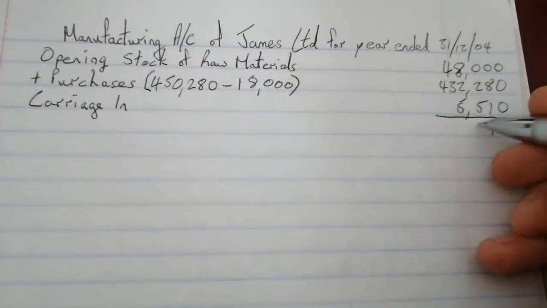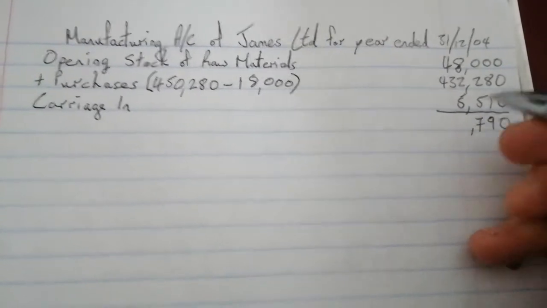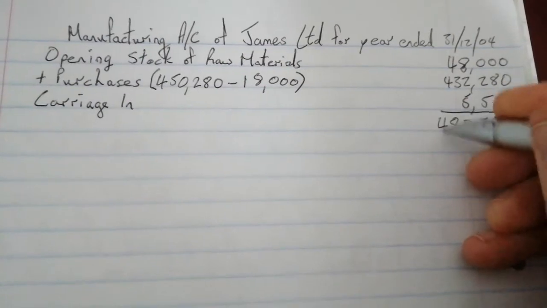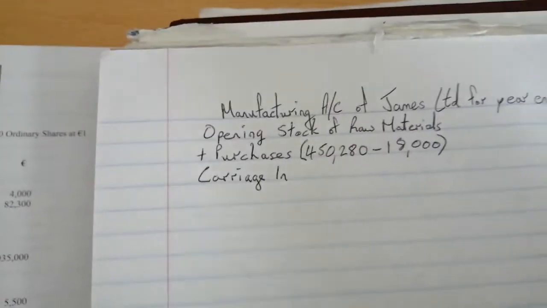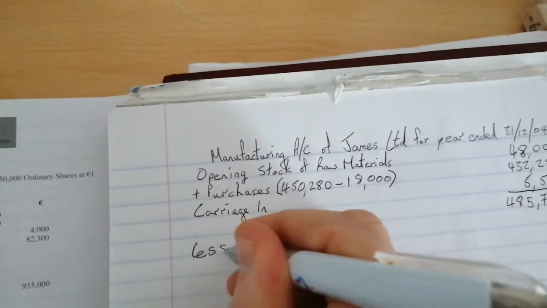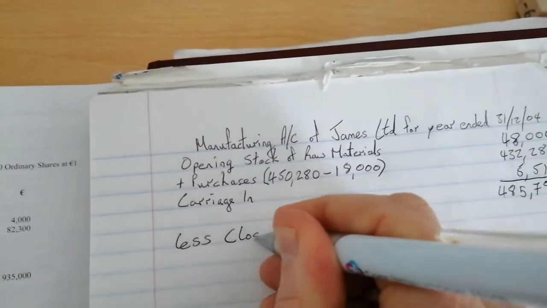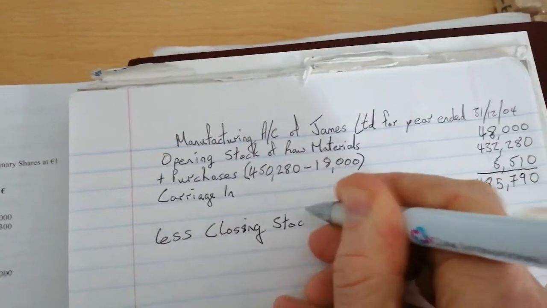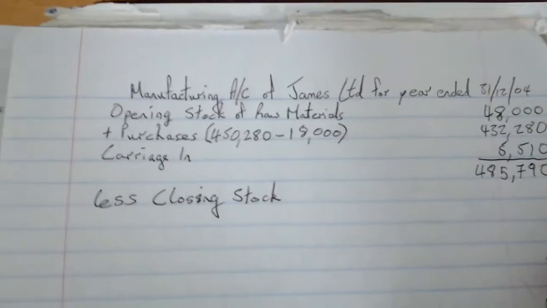So let's see. If I haven't made any mistakes, 485,790. And our next thing then is less closing stock. And our closing stock is going to be found in the usual place.